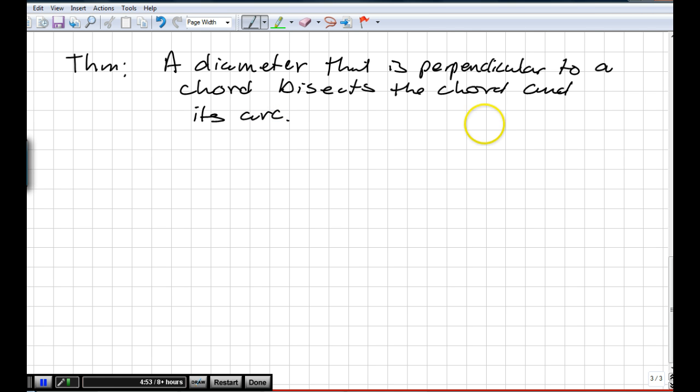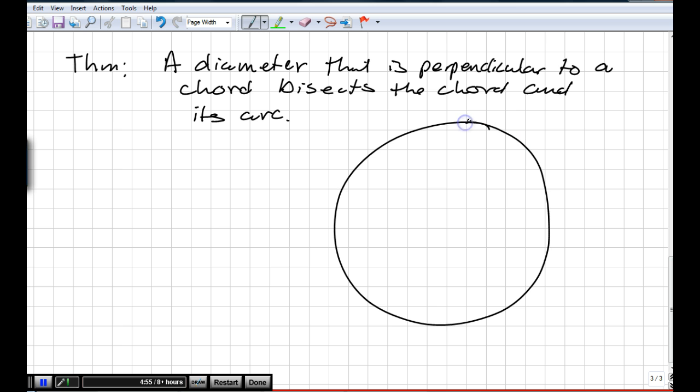Okay, so here's what it's saying. Okay, we have a circle center X, and we have a diameter AB. And we have chord CD. And we know that this is perpendicular, so that we know that CD is perpendicular to XB.